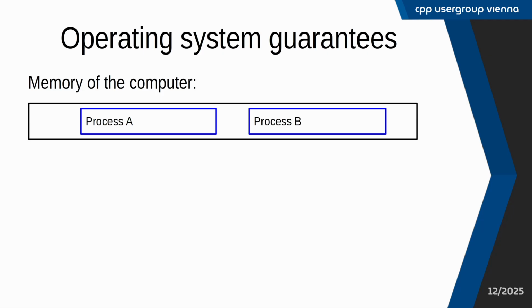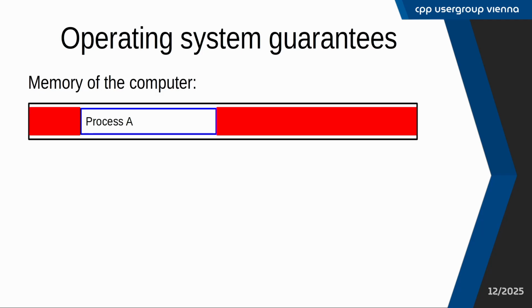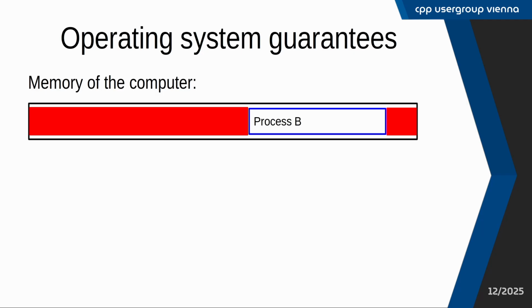And here we see what the operating system guarantees for us. So we assume we have two processes, and process A is only allowed in this area to access memory, and process B the other way, so they are shielded from each other. This is a simplification, of course.